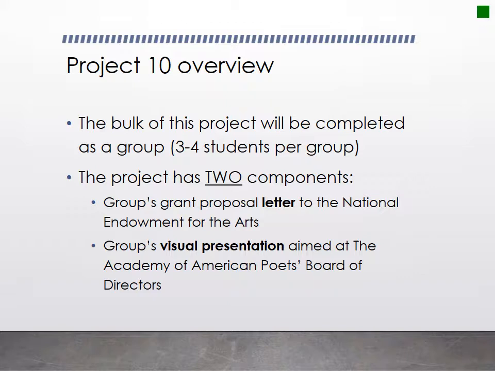This is aimed at the Academy of American Poets Board of Directors, basically to get them on board with whatever this concept is for a new project that you're going to propose. So you're proposing the same project, but you're proposing it to 2 different groups of people and through 2 different methods.